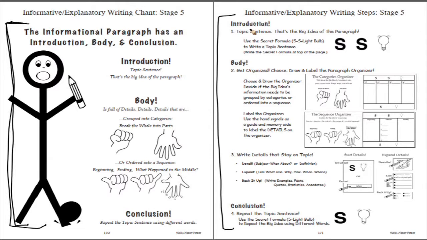I want you to stay on page 171 so that you can see the steps. I'm going to suggest that you grab a blank piece of paper and we will walk through a lesson making and filling in our own sequencing organizer. Let's start with the chant. Then you'll use the steps to follow along as we make our own organizer for our information about spiders.